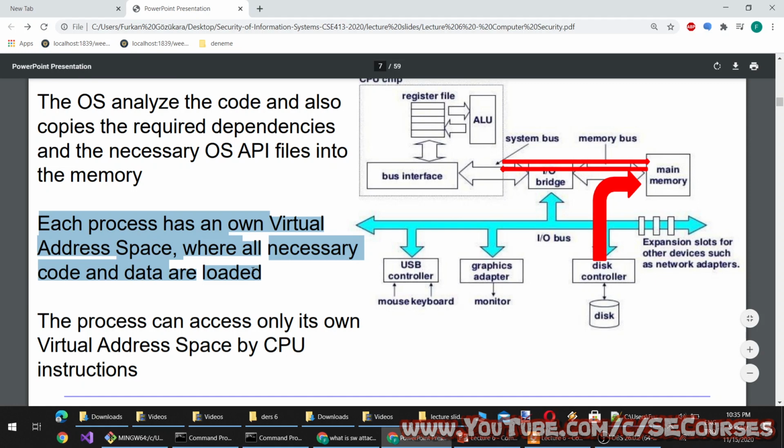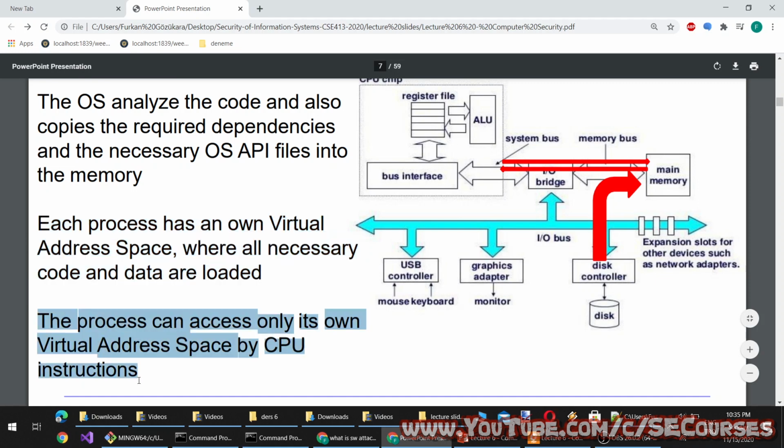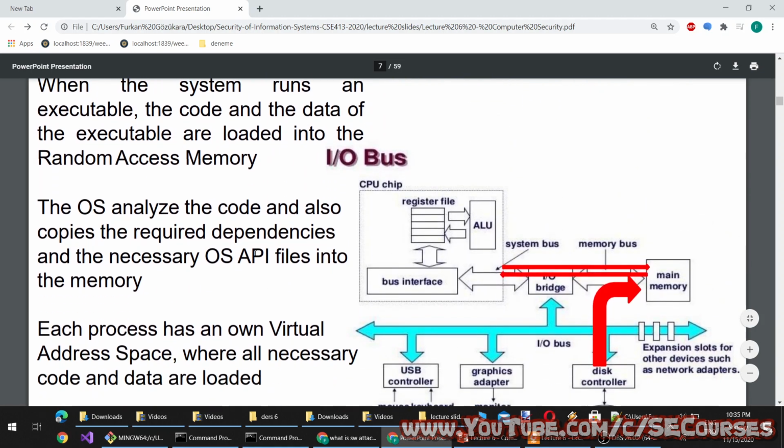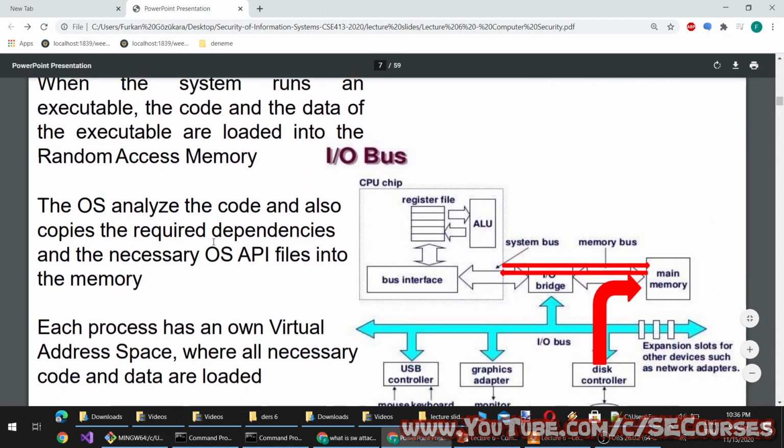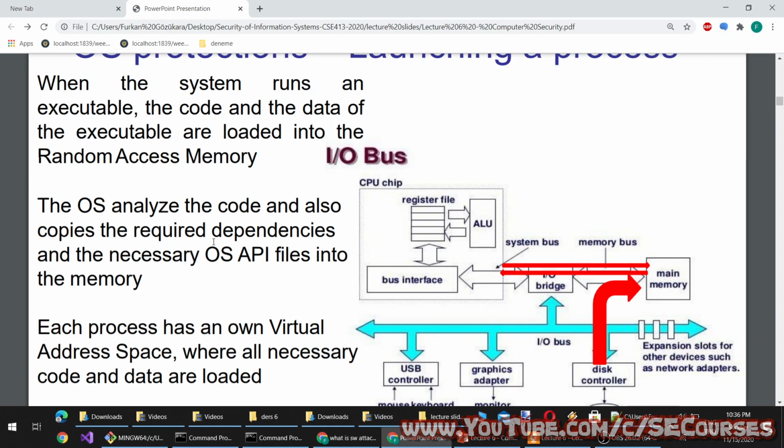Each process has its own virtual address space, where all necessary code and data are loaded. The process can access only its own virtual address space by CPU instructions. So each process is encapsulated within its own private memory section.